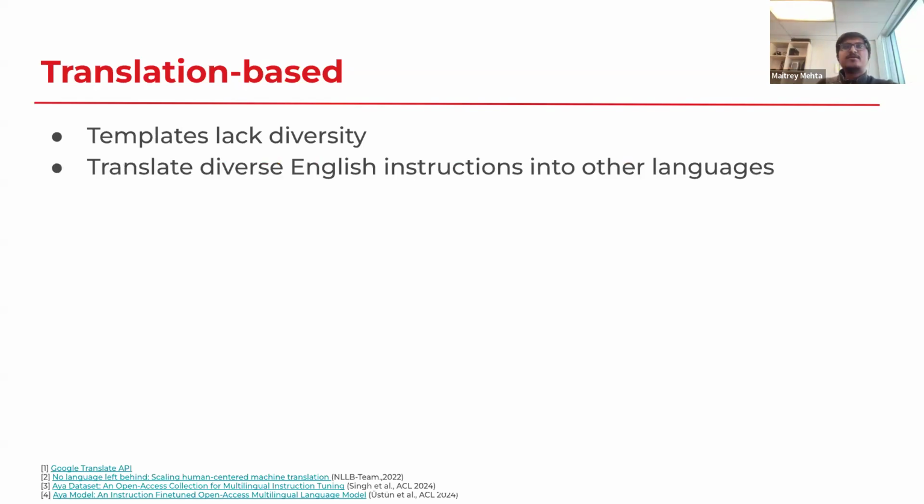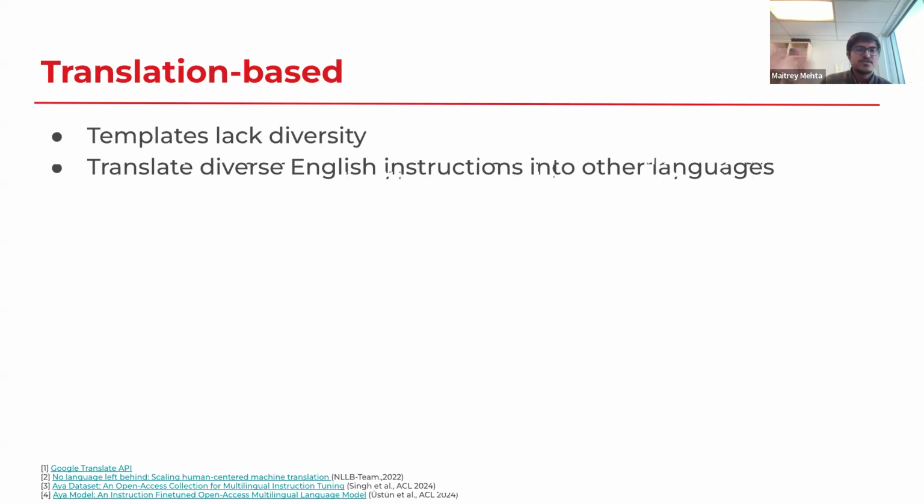So another way of building multilingual instruction fine-tuning datasets is that you translate English instruction fine-tuning datasets into other languages, right? There's a lot of effort that has gone into building English datasets which have diverse instructions, right?